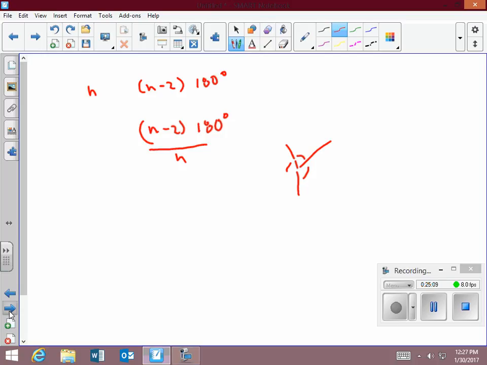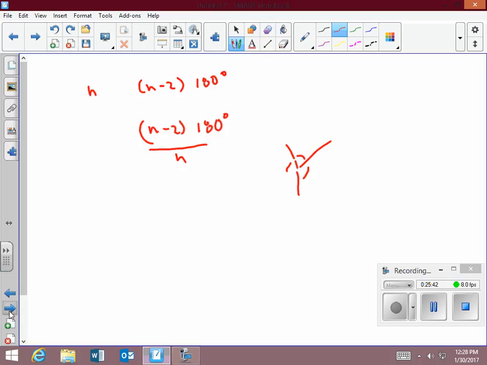So they say like 60 degrees, which is a triangle, is a factor of it. So you form a tessellation by putting those equilateral triangles together. Rectangle, 90 is a factor of 360. So you can put four-sided figures together, but you can't put five-sided figures because that 108 is not a factor of 360. So you can't form a tessellation.